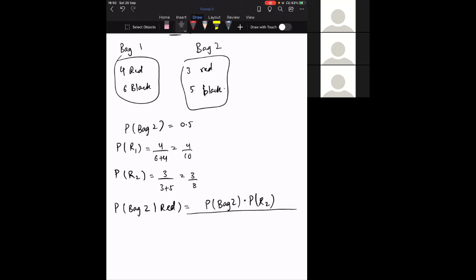The other option is, okay, the ball can be from the first bag. So we divide by the case where we choose bag 1 and a red ball comes out of it, or else we choose bag 2 and a red ball comes out of it.